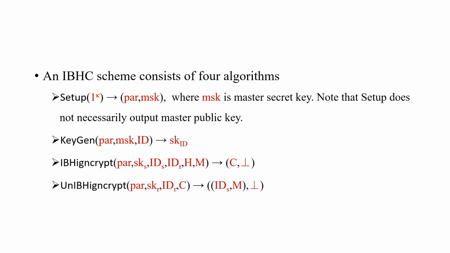On system parameter, the secret key and the identity of the receiver and the ciphertext C, the IB-HIGHcrypt decryption algorithm outputs the identity of the sender and also the message M, or a special symbol denoting abort.